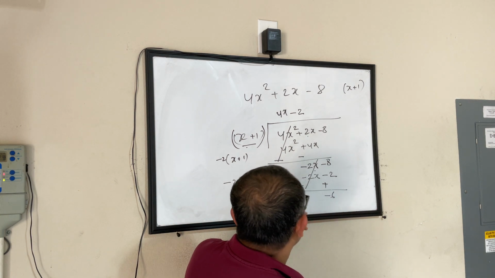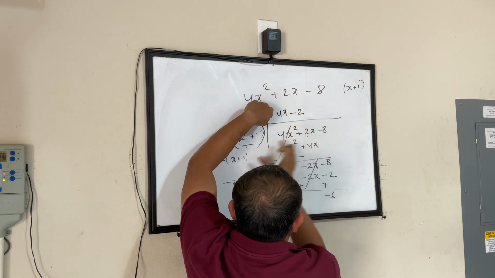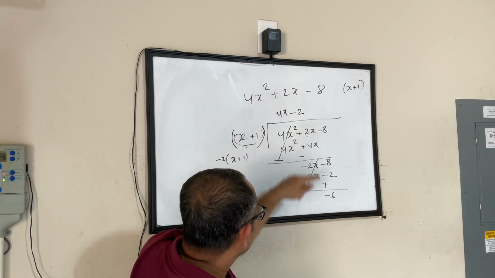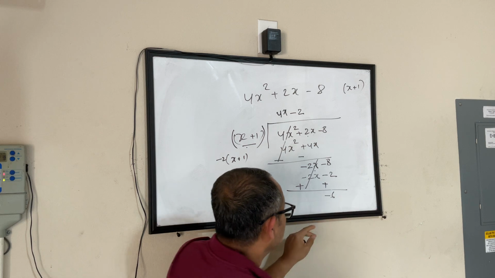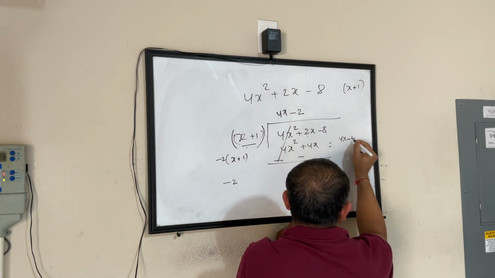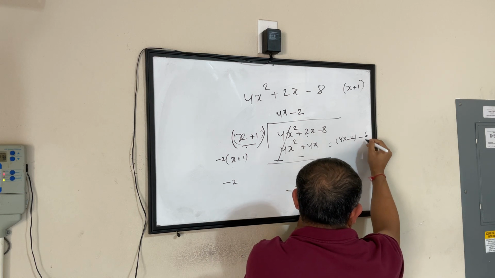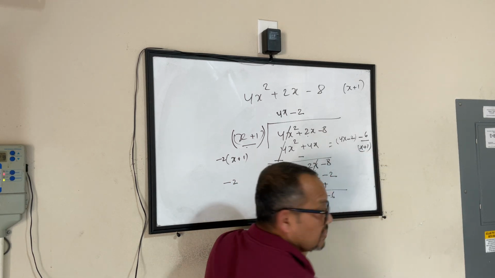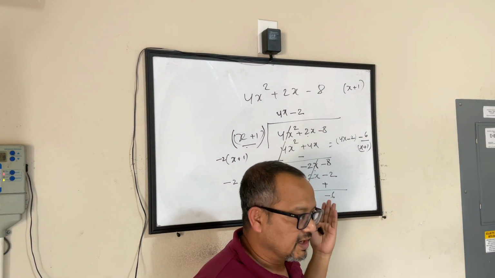So when you divided this polynomial by this, you got 4x minus 2 as your answer, and then you're left with minus 6, which you could not divide by this. So whoever got this answer was probably doing it the way I have done.